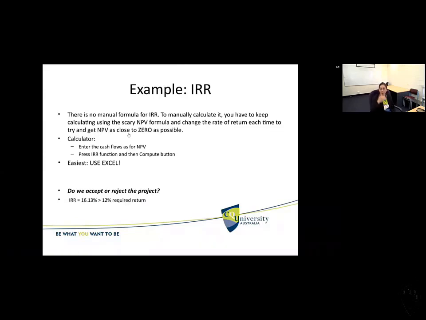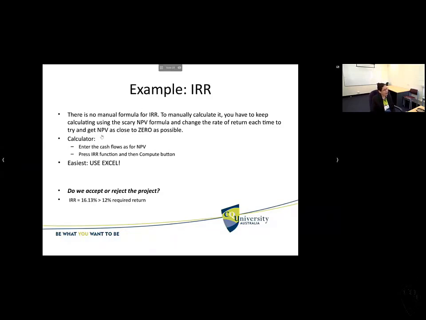Remembering that the higher your discount rate is, the lower your net present value is. So you just have to keep going higher and higher until you get to the point where your net present value is as close to zero as possible. Okay, so there's no manual formula. It's calculated manually using an iterative method of the net present value formula.